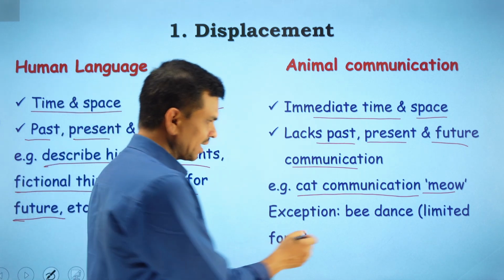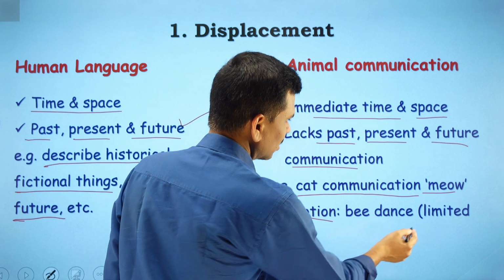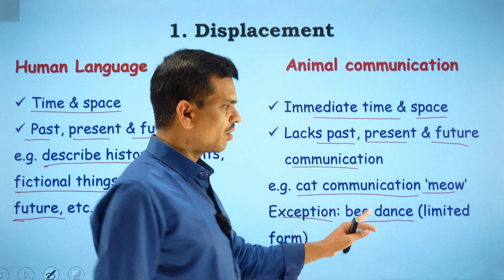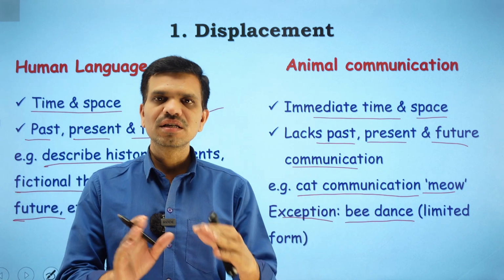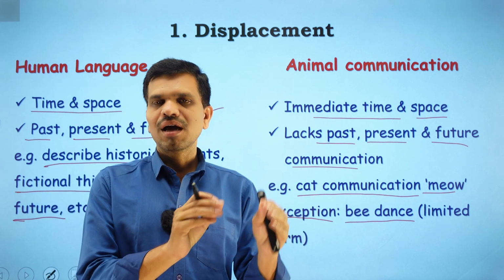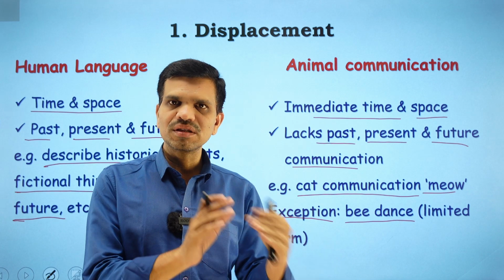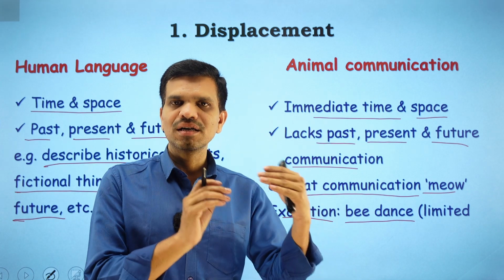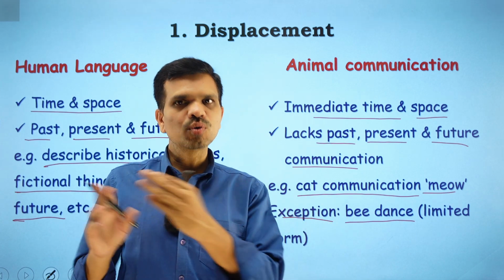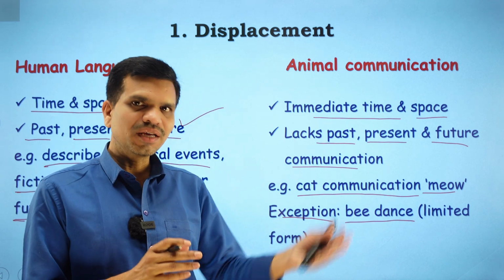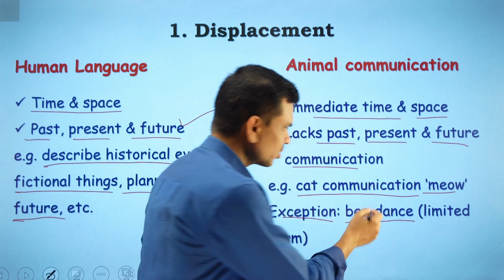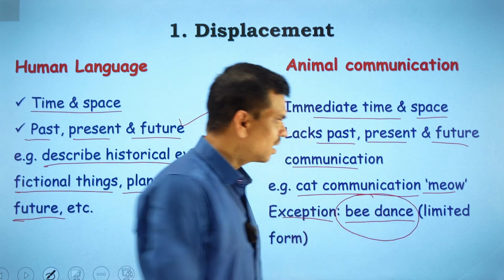And here we have an example for animal communication. An experiment has been done on the bee dance, because bees convey that there is honey somewhere around. When these bees return to the hive, they ask other bees to go there and have that free food of honey, and they convey this message through a particular dance, the bee dance.